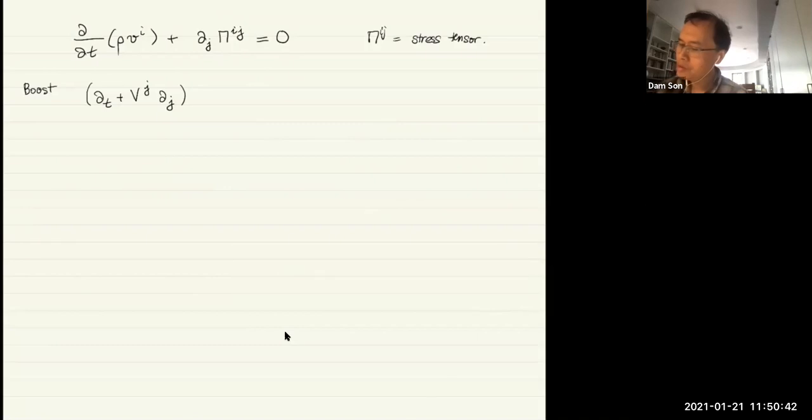Times rho vi minus rho vi. So that's the first term. And then, of course, we don't know how this thing will go, but it is some boosted momentum v. So our task is to find out how this pi should transform under boost.